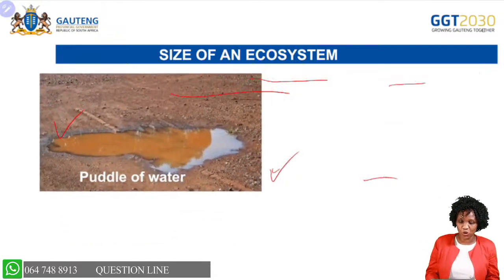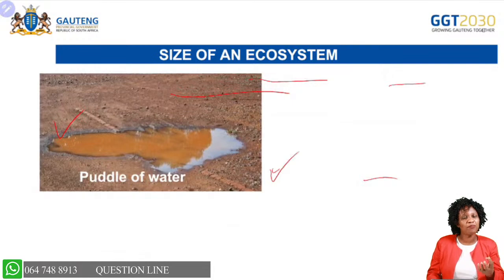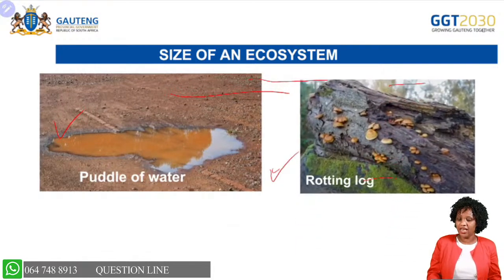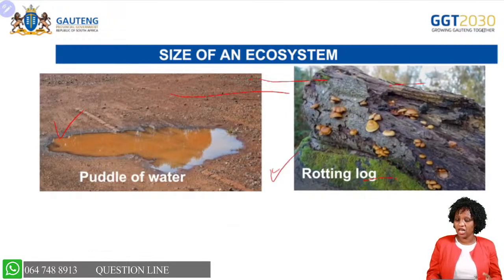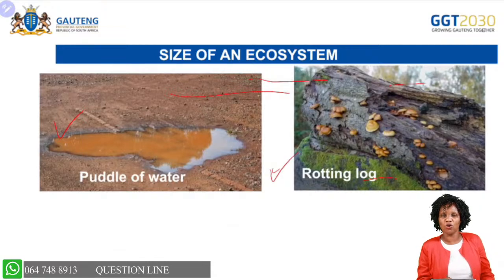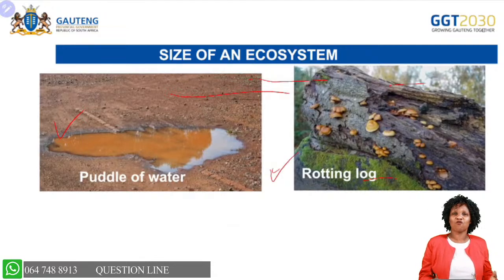And then we've got water. Remember, water will draw animals to eat. And then we've got a rotting log. Even if it's rotting, what's going on? Why does it rot? We've got decomposers that break it down.